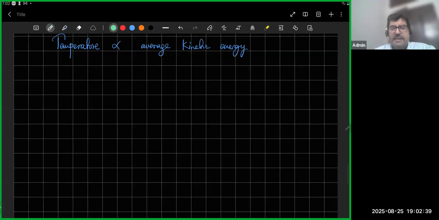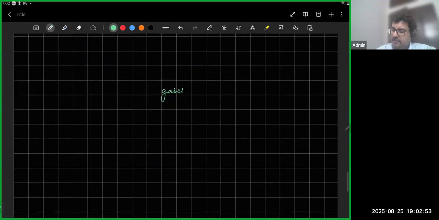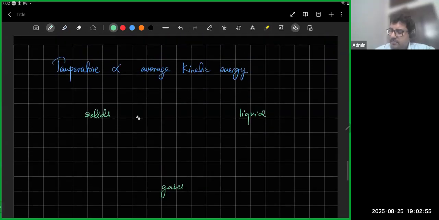Since you've got all these states, solids, liquids, and gases, particles can move from one state to another. They can move from solid to liquid to gas.